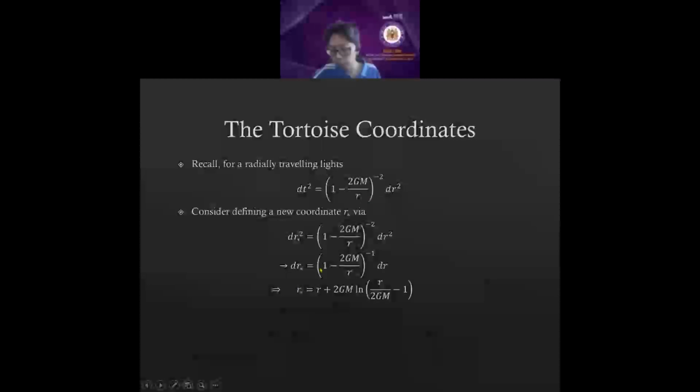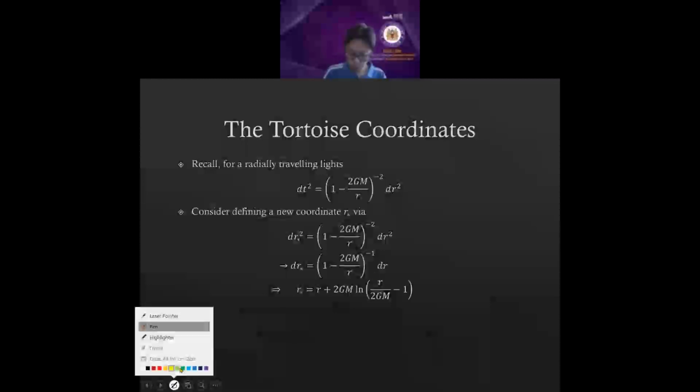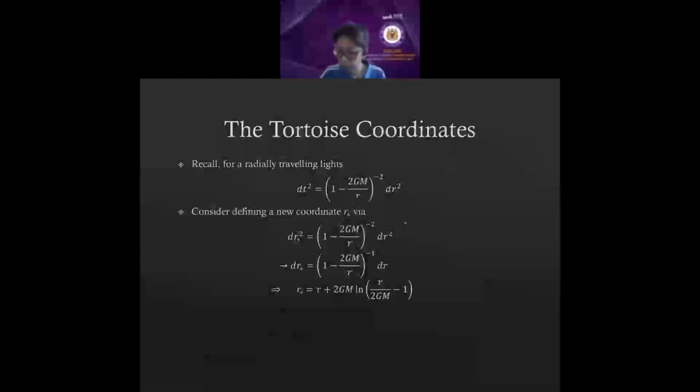If we take the square root on both sides, we're going to get this equation. So before we proceed, let me just note that from this, it would imply that dt equals dr star.